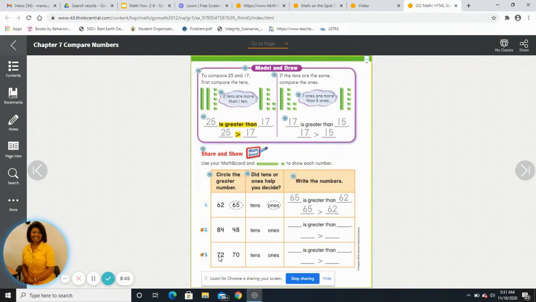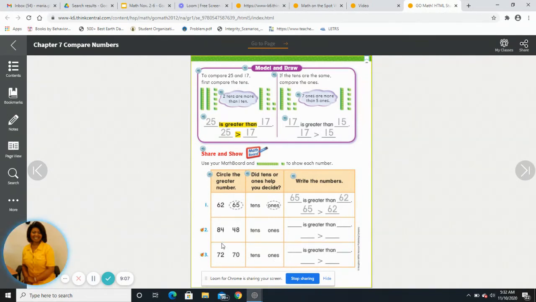For number 3, you have 72 and 70. Now, we have to determine which place we're going to look in. They both have a 7 in the tens place. That means that we're going to look to the ones place to help us. So we would circle the word ones.